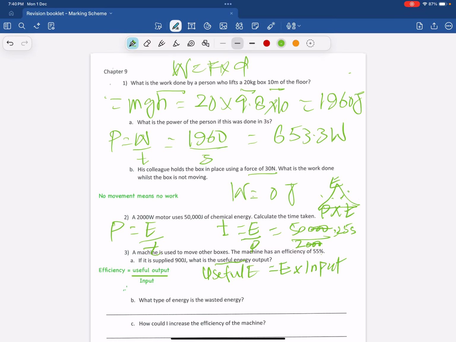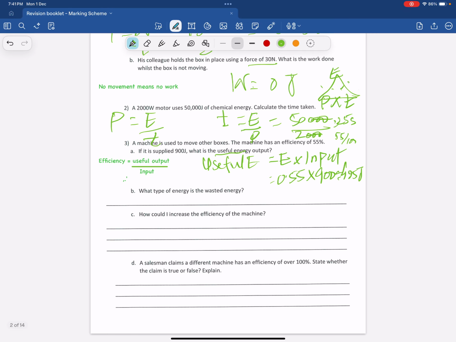So you have efficiency 55%, means 55 over 100. That means 0.55. So 0.55, and input we have got how much is given to you, 900 here. So when I use my calculator, I can write here, I want to save the space. So it is equal to 495 joules.